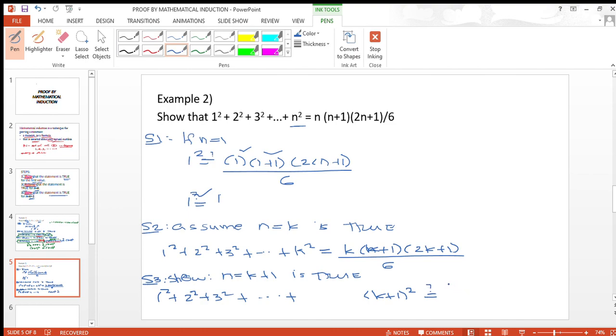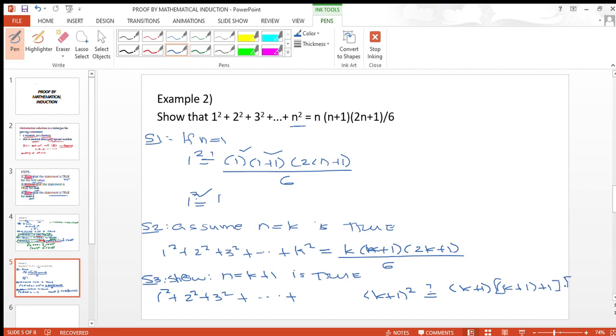We have n is k plus 1, so k plus 1 multiplied by k plus 1 plus 1. We just substituted it here.